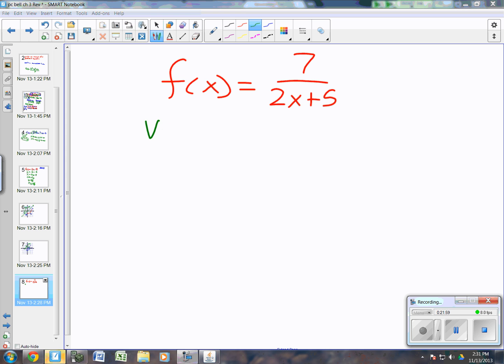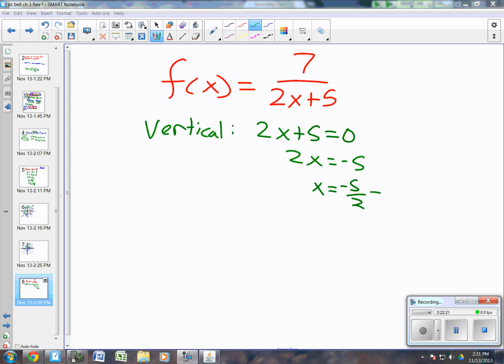Okay, you guys, to find a vertical asymptote, you set the denominator equal to 0. Because you want to know what you can put in for x, times it by 2, add 5, and get 0. So I minus 5, and I divide by 2. That's the same as negative 2.5. So there's going to be a vertical asymptote at negative 2.5. You write it as x equals negative 2.5.